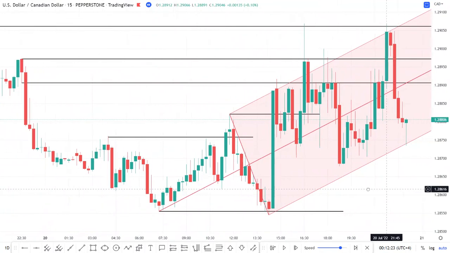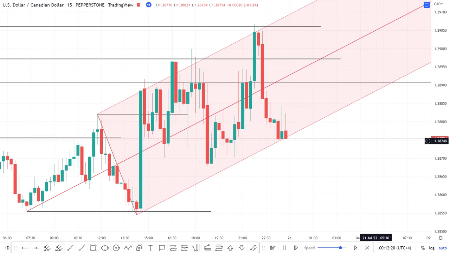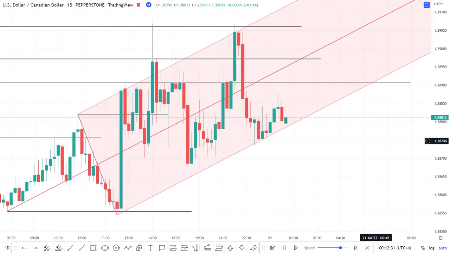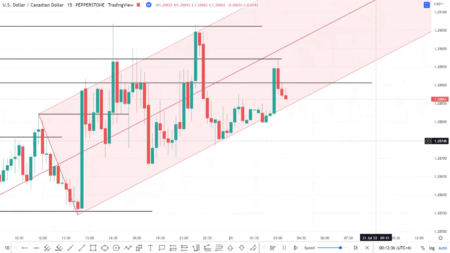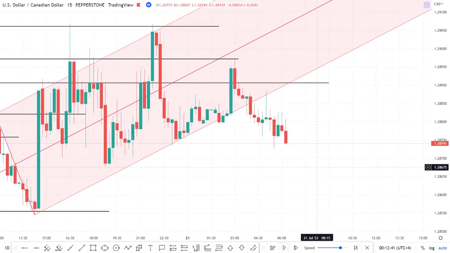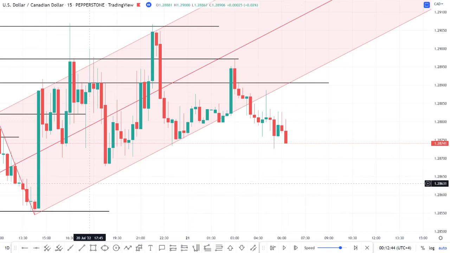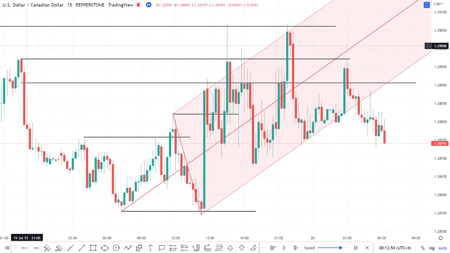So, we have a similar scenario ulit. And let's see kung hanggang saan yung ating pitchfork. Ayun, once again, nag-work siya dito, price flirts to this line, and ayun, nag-failed siya, bumalik sa center line ng fork, and now touching doon sa previous structure natin.